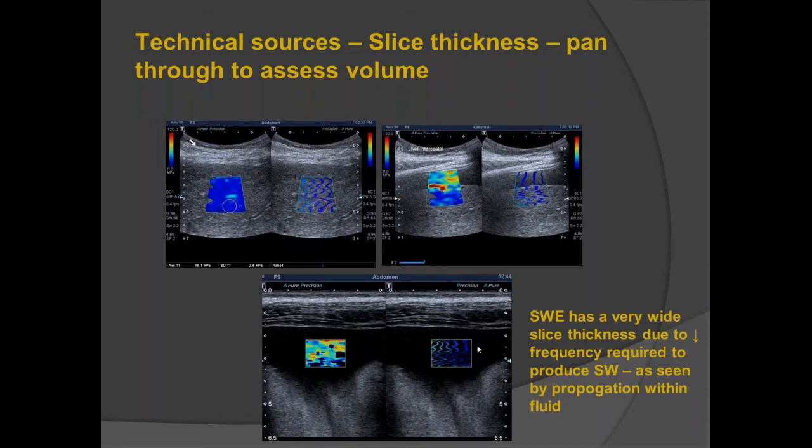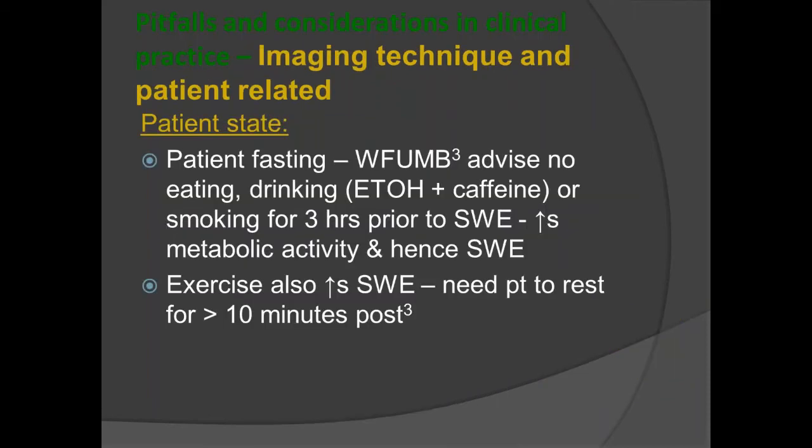How can you get an elastogram or a wiggly map through fluid? Well, obviously because either side of this region of interest is solid tissue or bowel or an interface. So keep in mind that what you are looking at when you're using your shear wave is not necessarily what's in your field of view. And I think this is one of the biggest sources of variability within a liver.